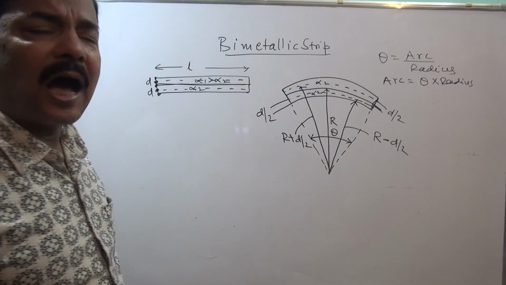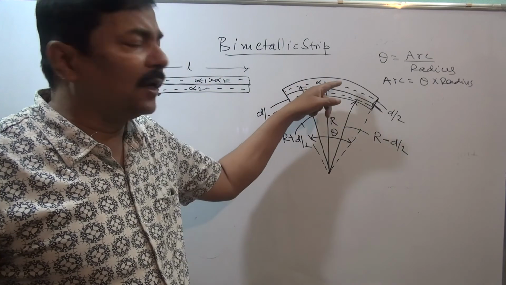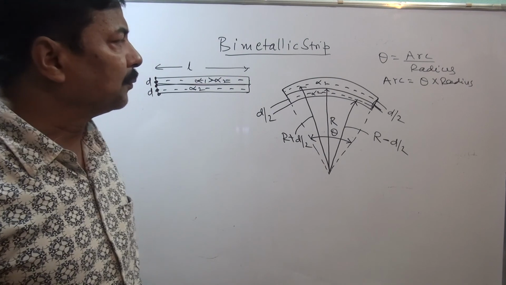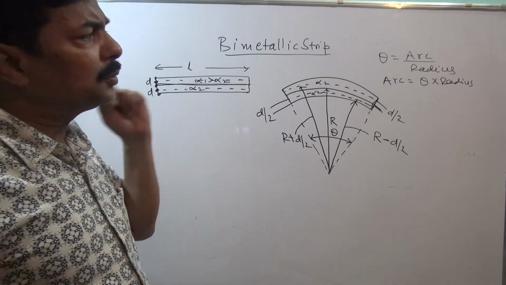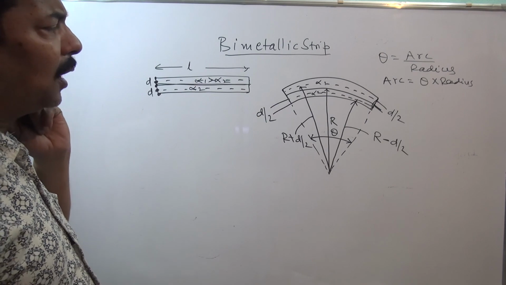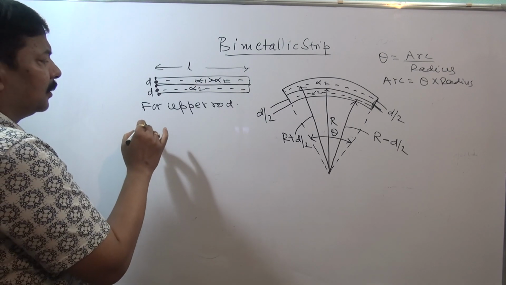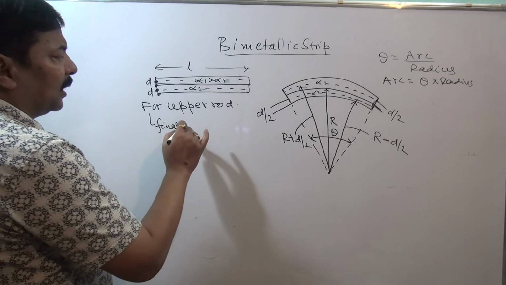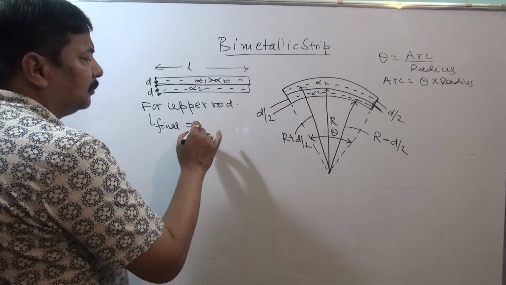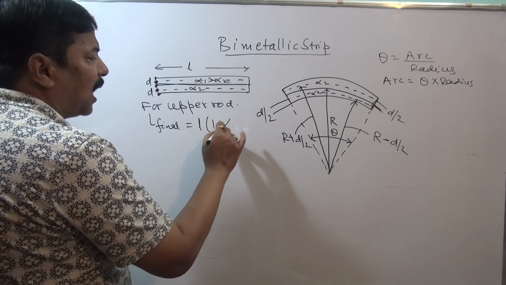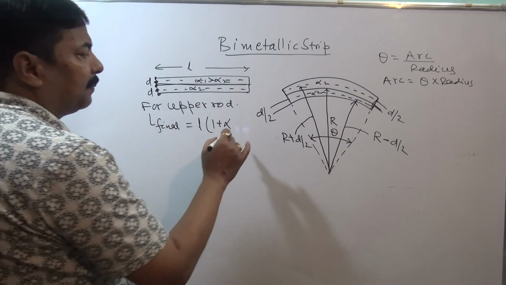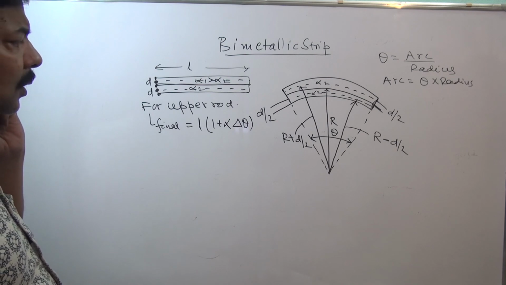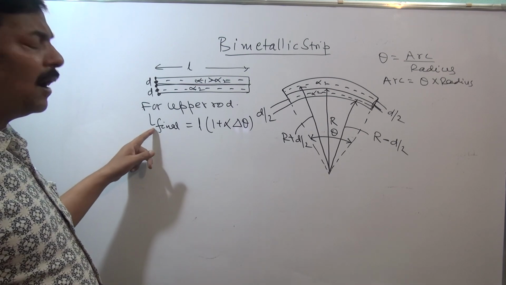Why am I interested in the arc? Because this arc will give the final length of the upper rod and this arc will give the final length of the lower rod. So if I use the arc by radius relation for the upper rod, the final length of the upper rod is equal to initial length L into 1 plus alpha 1 delta theta, where the temperature change remains the same. Now what is this final length?